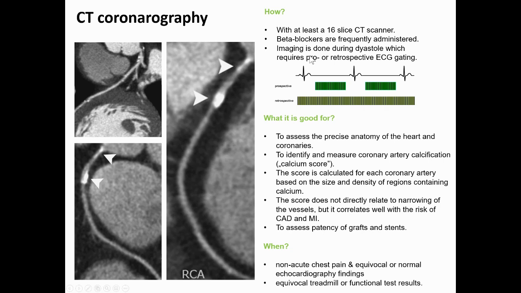This type of imaging can be either done prospectively or retrospectively, but the key is that it has to be done during diastole, when the heart is almost not moving at all.